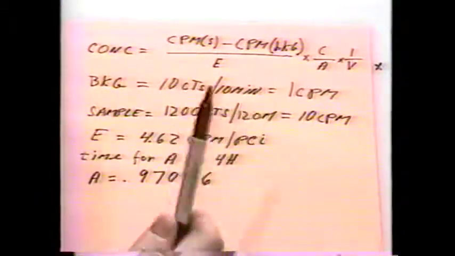Now, we're going to count this sample not for just a few seconds. We're actually going to count this sample, in my example here, for a period of 2 hours.